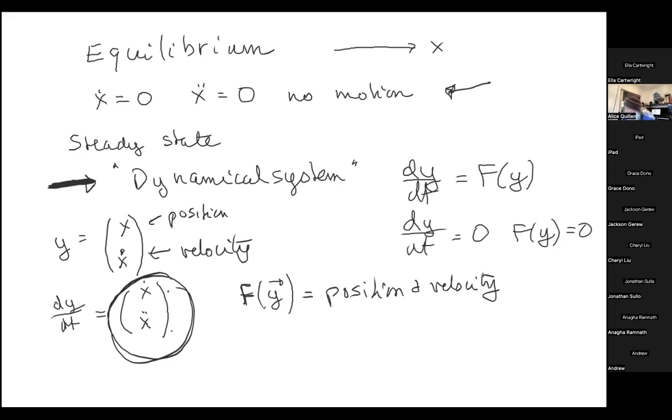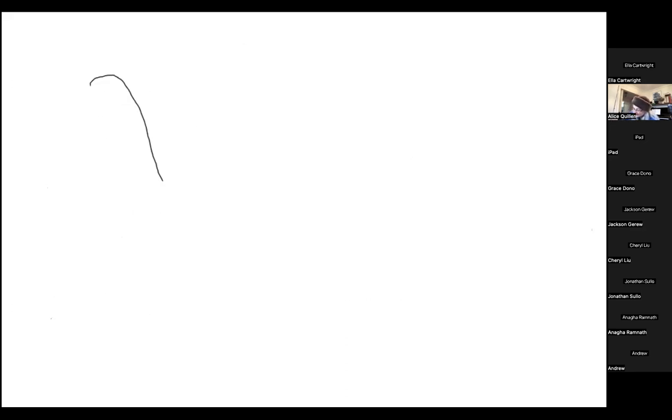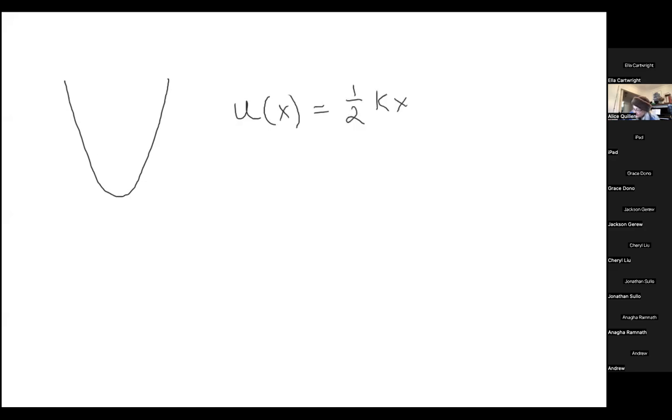Okay, let's go back to the physics of this problem. I'm going to look at a potential. Remember we had harmonic oscillators. So let me actually draw a harmonic oscillator. It's not a complicated potential. So we have a potential in 1D, and for a harmonic oscillator it looked like this.